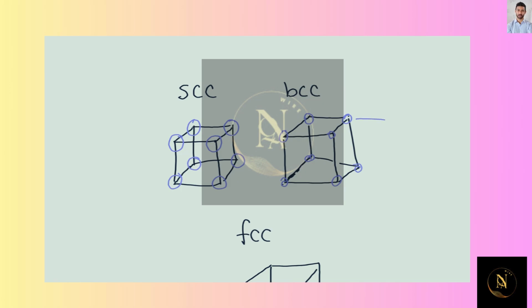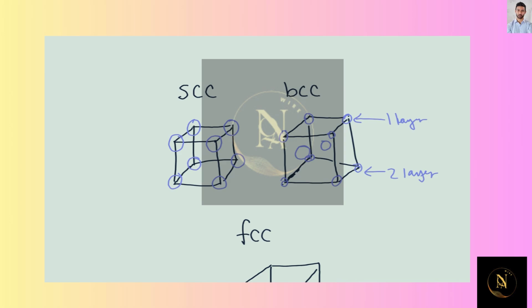So these four right at the top are going to be one layer. And then these four at the bottom plane are going to be your second layer. So it has two more spheres that will fill in the gap between those two layers. One towards this face, and then one towards that face. So it packs two more spheres.